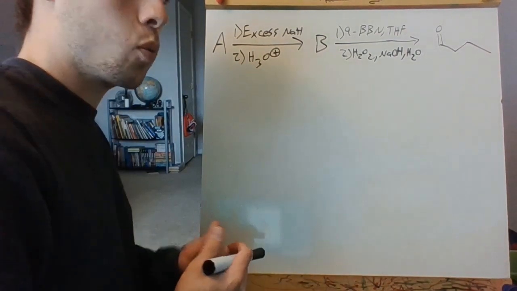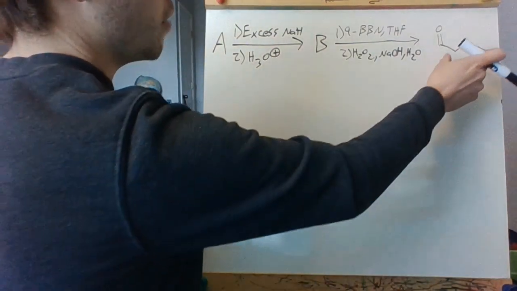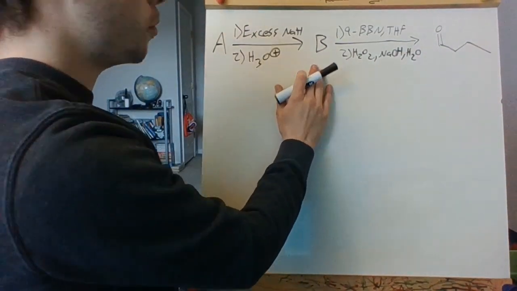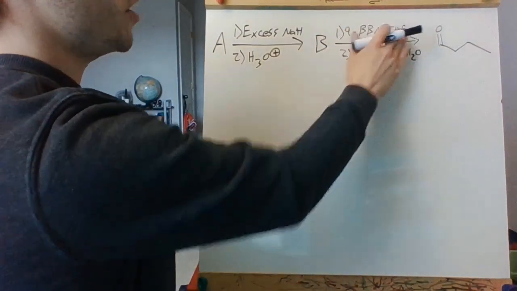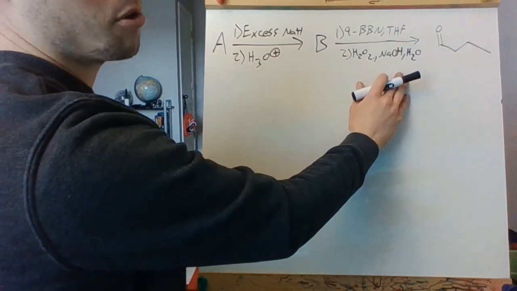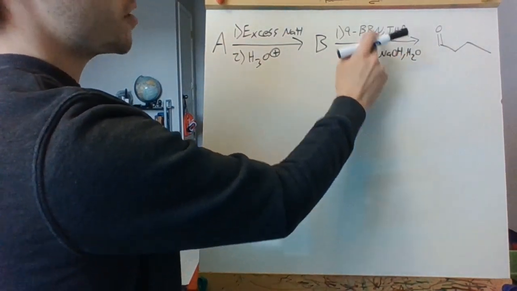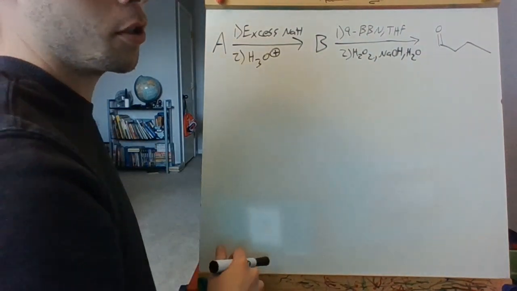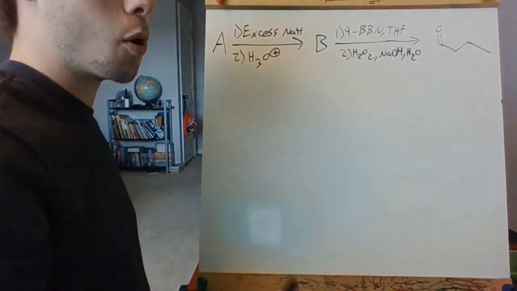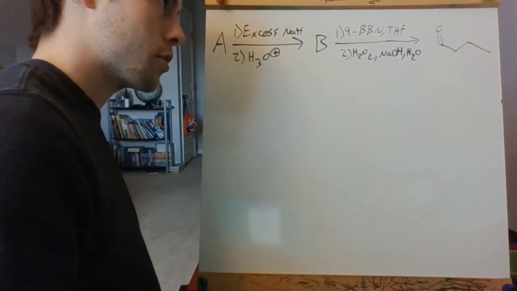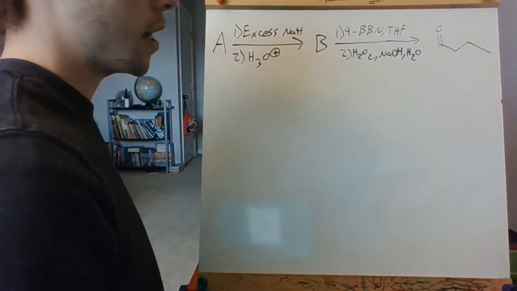So you want to take this one step at a time. We see that we have an aldehyde. And to get there, we treated some molecule, molecule B, with 9-BBN, followed by hydrogen peroxide, sodium hydroxide, and water. We know that this is a hydroboration-oxidation. We know that 9-BBN is a bulky dialkyl borane, typically used to convert terminal alkynes into aldehydes.